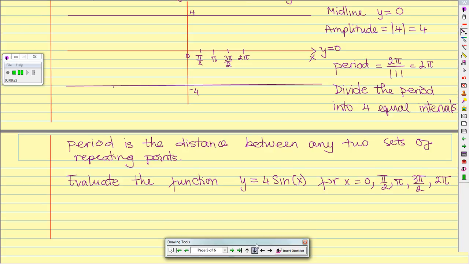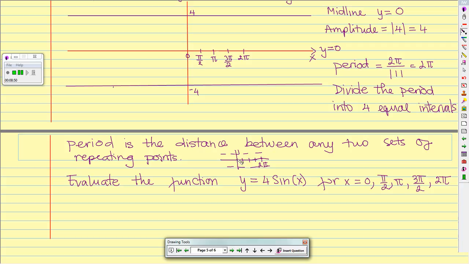So it means that if you remember the pattern for the sine function, the set of 5 points, the period is 2 pi, and then the set of 5 points will be like this. Your midline is the x-axis, and your y maximum is 1, your y minimum is -1.